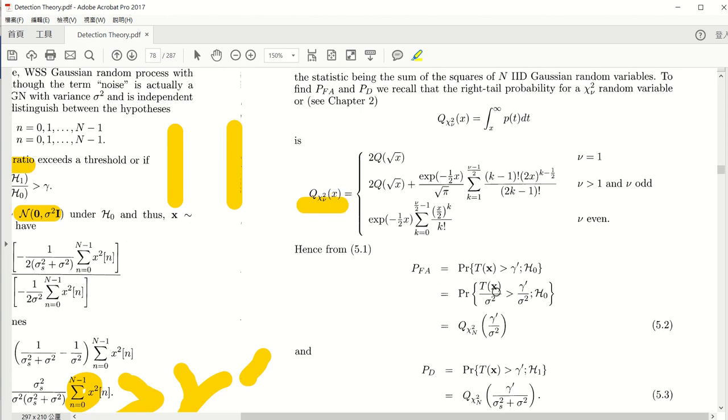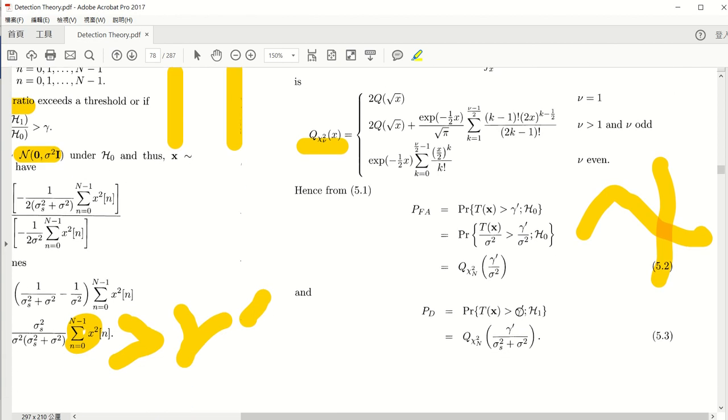That's the right tail, starting from gamma prime over sigma square. It's like a chi-square distribution, and from some point it goes on this small area. That's the right tail, and it will be expressed by Q sub chi-square n of gamma prime over sigma square.